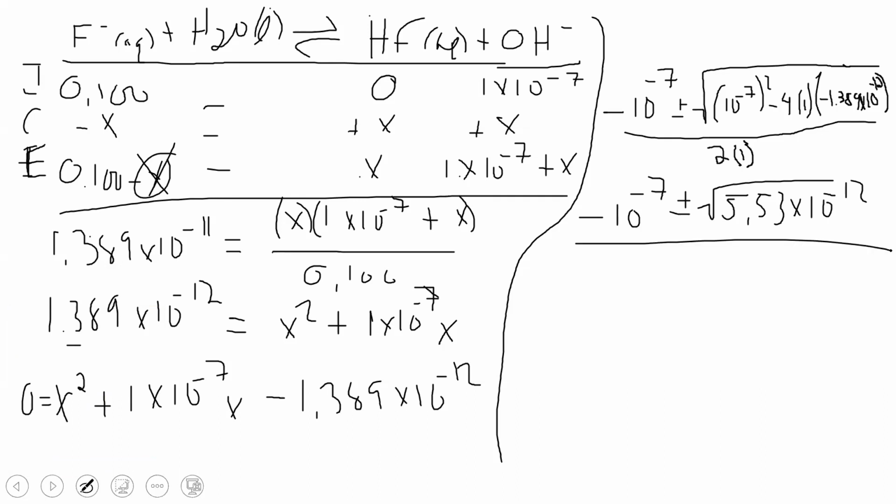All right, there we go. So that over 2. And so you have 2 answers here that you can get, right? Basically on this one, your square root, minus 1. So you want the one that adds here, obviously. So negative 10 to the minus 7 minus the square root.